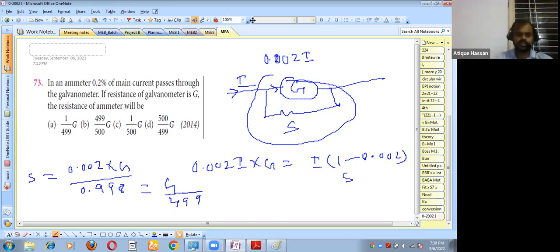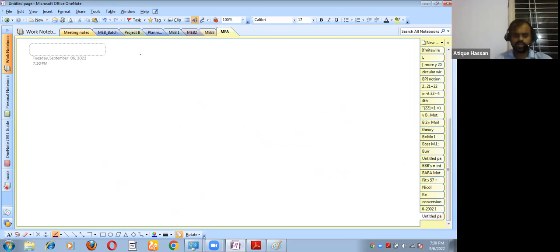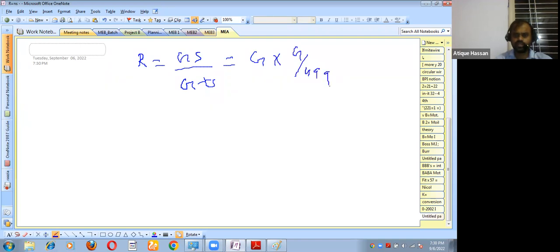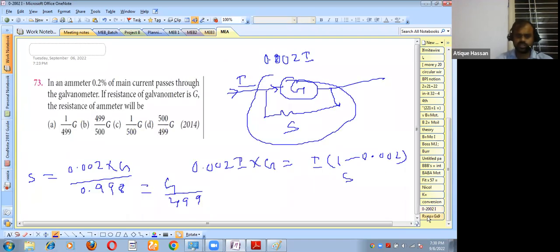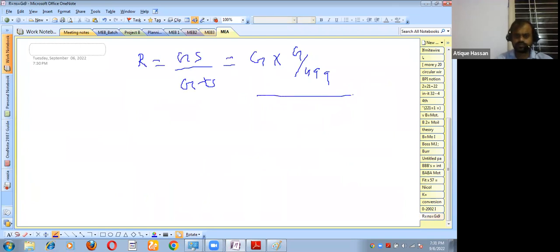Now we have to find the total resistance, right? So to find the total resistance of the ammeter, what we will do? Total resistance of the ammeter will be equal to GS by (G plus S). So G into S, which is G upon 499, the shunt resistance we got, upon G plus G upon 499. So 499 will cancel out, and we get G upon 500, right?